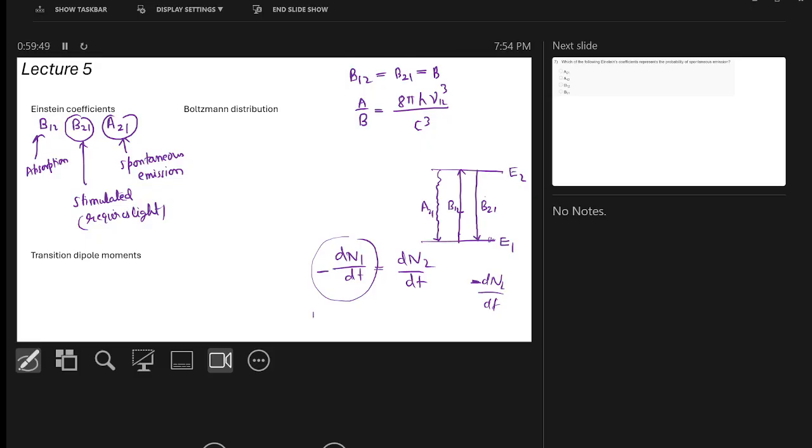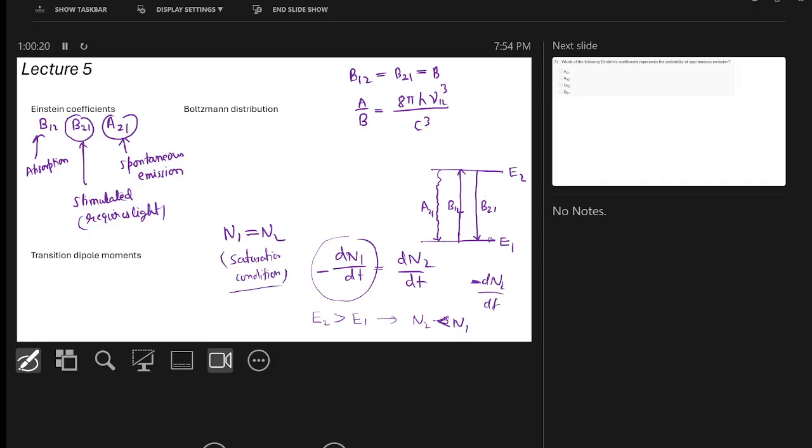If E2 is greater than E1, in this case N2 will be smaller than N1, and then absorption will take place. When N1 equals N2, this case is called saturation condition.